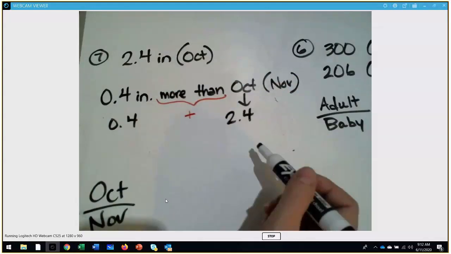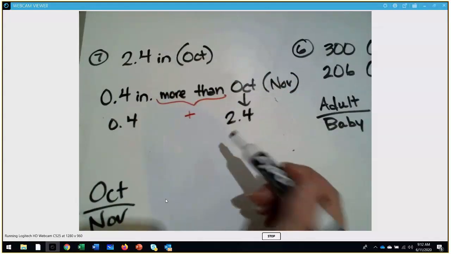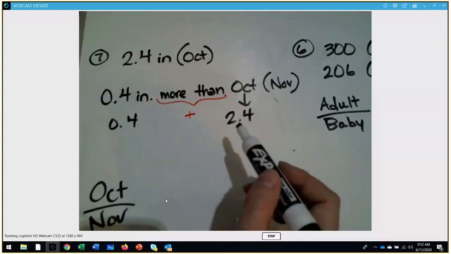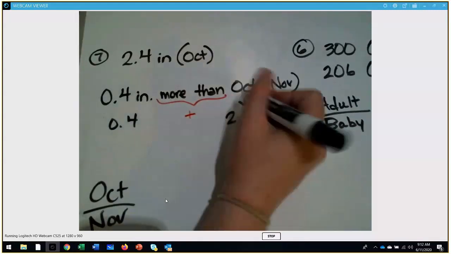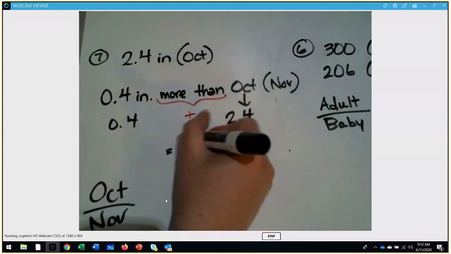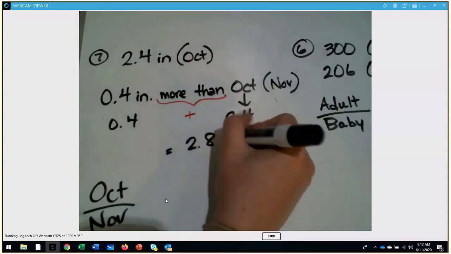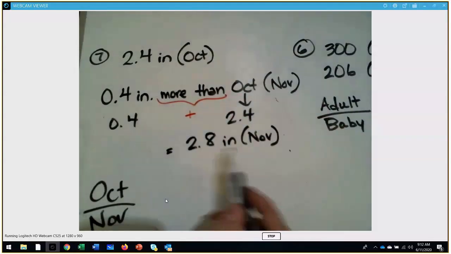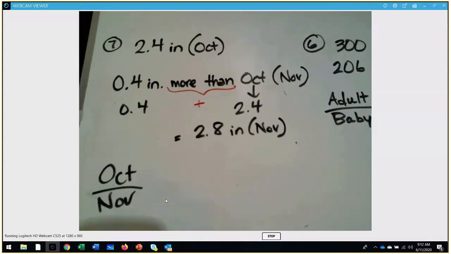And that'll tell us how much Canton got in November. So 0.4 plus 2.4 is 2.8, and that was November's rainfall. So just be careful. They're going to try to trick you with stuff like that too.